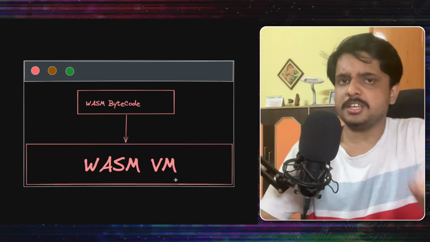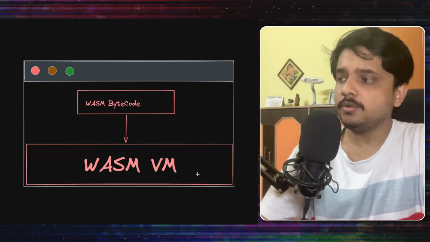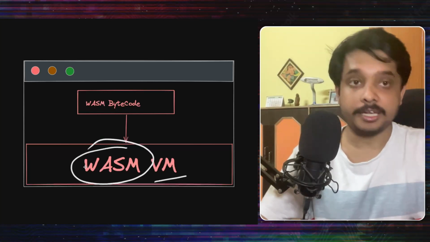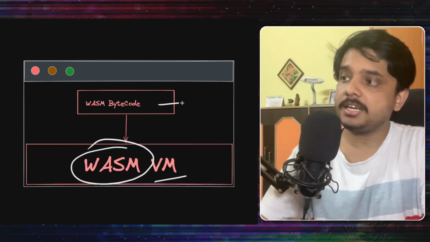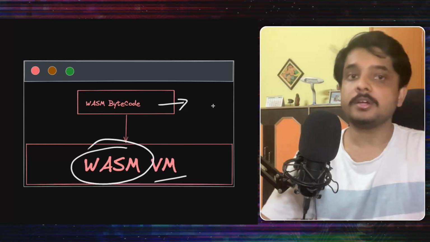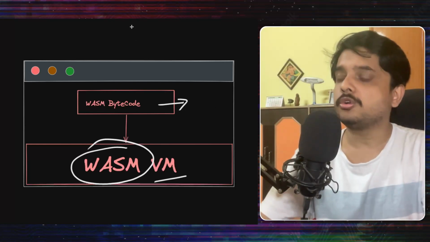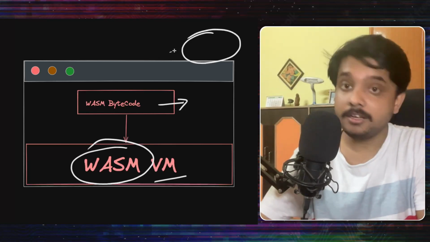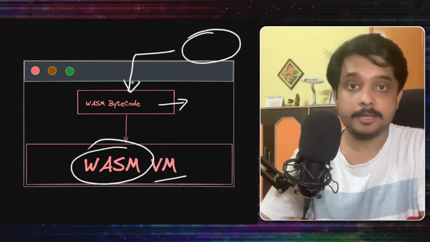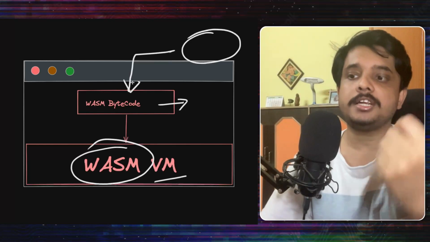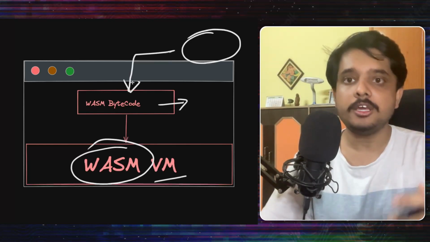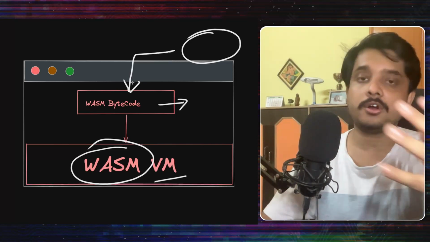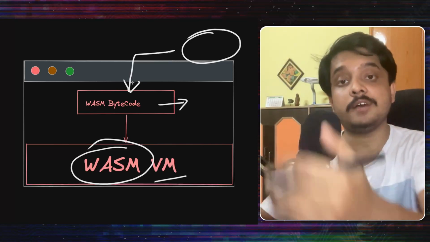So very smart engineers created a new virtual machine for something called WebAssembly, right? WebAssembly is essentially a set of instructions, right? A new kind of assembly. So you can take a C program and compile it to the WebAssembly bytecode. So you are not converting your C program into a set of x86 instructions or ARM instructions, or taking a Java program and converting it to the Java bytecode.